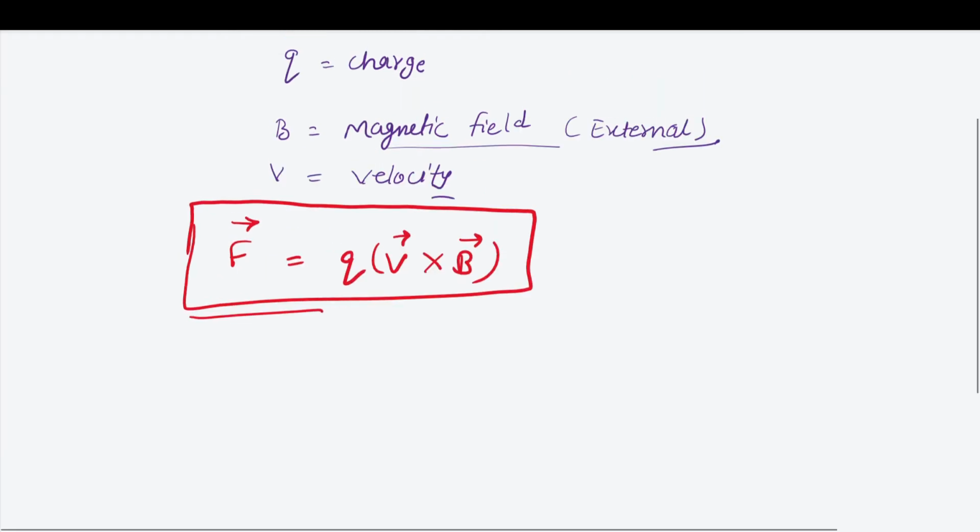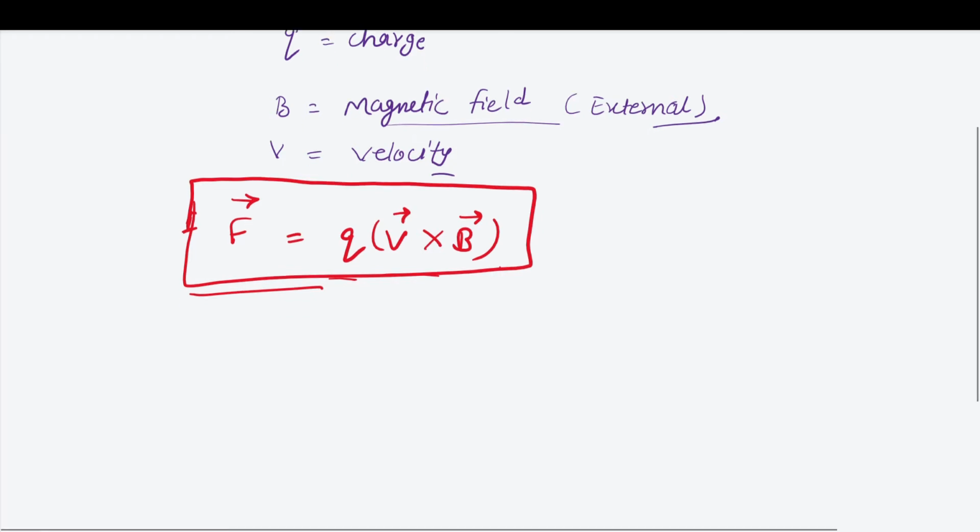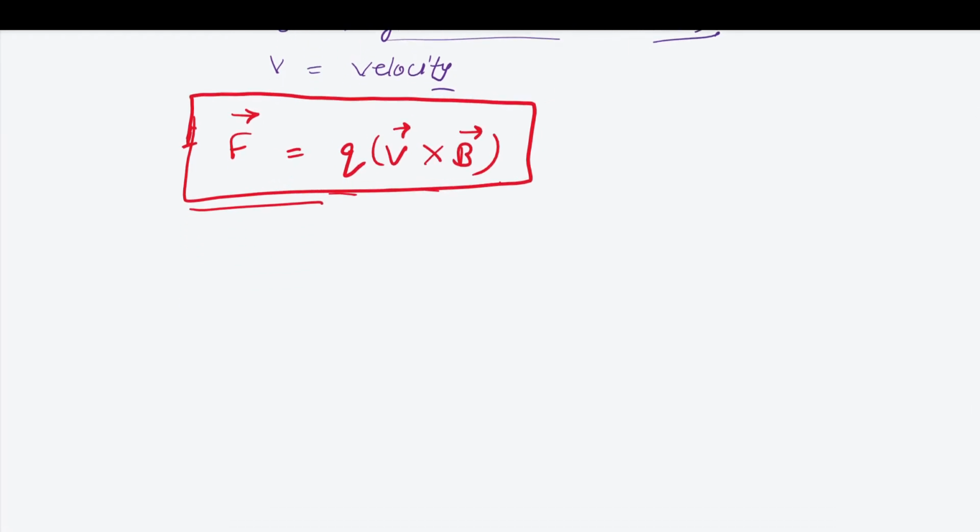V is our velocity and B is our magnetic field. So the force exerted on that charged particle due to the magnetic field will be F is equal to q V cross B. In vectors, we have studied how the vector product is opened.